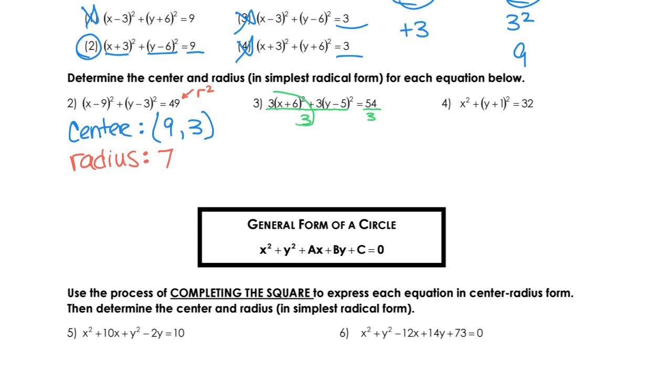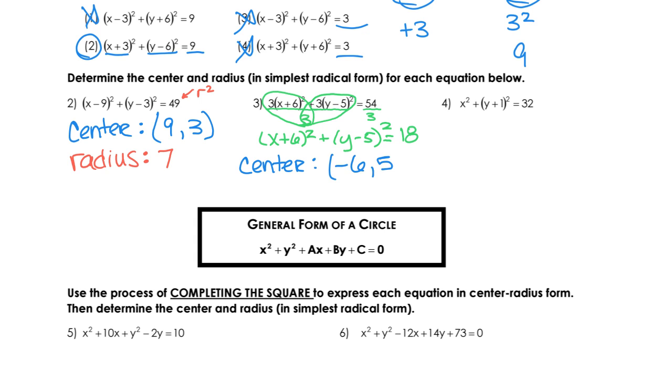So we end up with (x + 6) squared plus (y - 5) squared equals 54 divided by 3, which is 18. Now the equation looks like it's supposed to in center-radius form, and so our center would be (-6, 5).